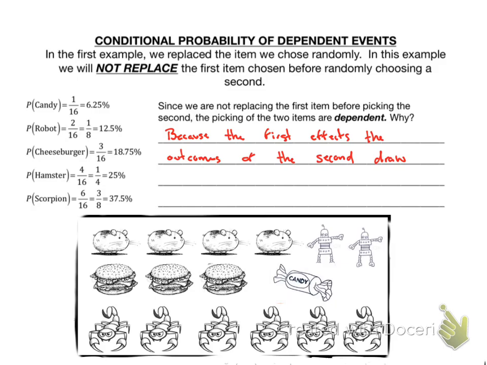Imagine if you wanted a piece of candy. Someone before you, you're going to draw second. Someone draws first and they get the candy. They had a 1 out of 16 chance to get the candy. They got the candy. Now it's your turn. All you wanted was that candy, but now that candy's gone. So you have a 0% chance of getting that candy. So it's dependent. If you lose the opportunity to get that candy, it's a dependent event.